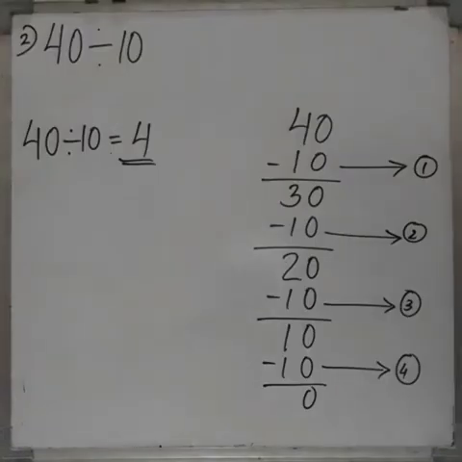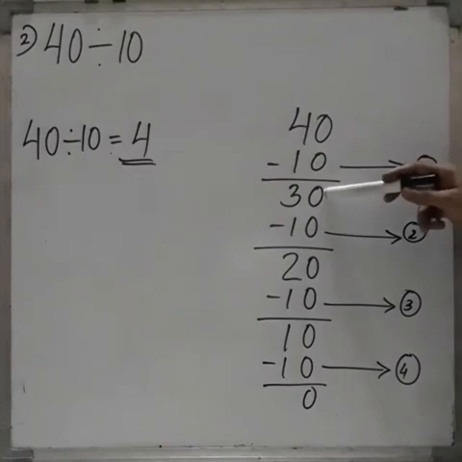Second question is 40 divided by 10. Here we are going to subtract 10 from 40 repeatedly. 40 minus 10. The answer is 30. One time we completed the subtraction of 10 from 40.